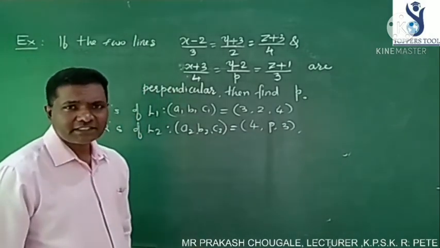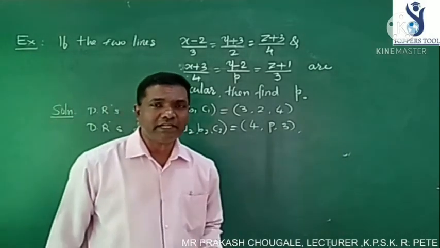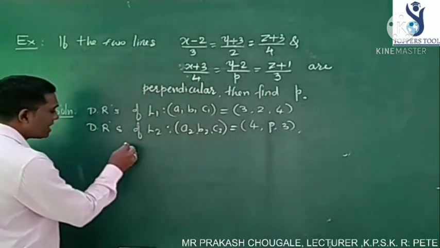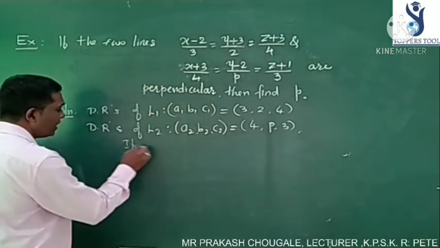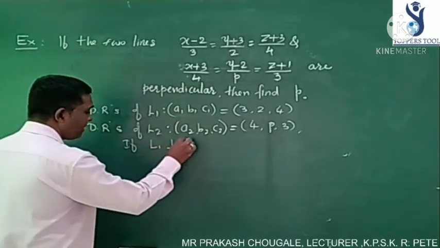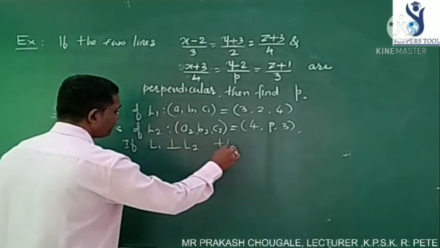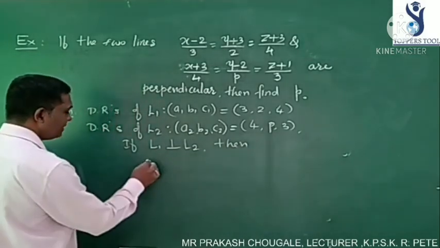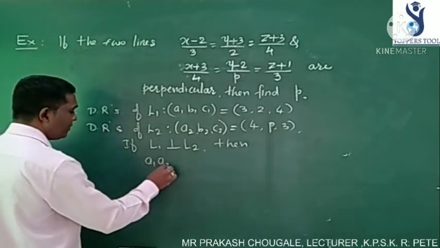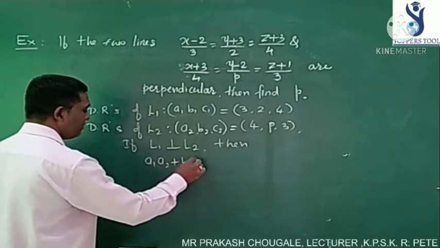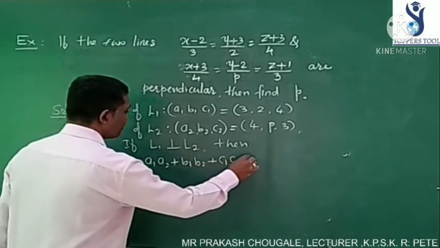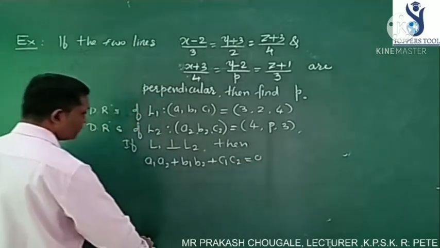Now what is asked is, if they are perpendicular, then what is P? So start like this. If L1 is perpendicular to L2, then what will happen? Then A1 A2 plus B1 B2 plus C1 C2 is equal to 0.